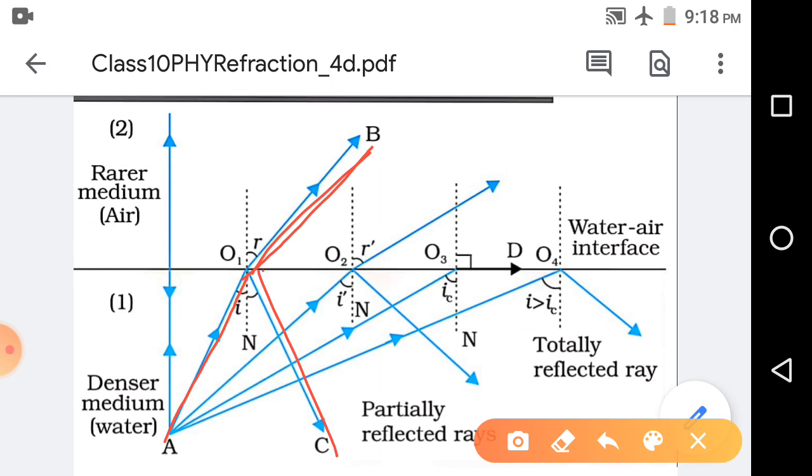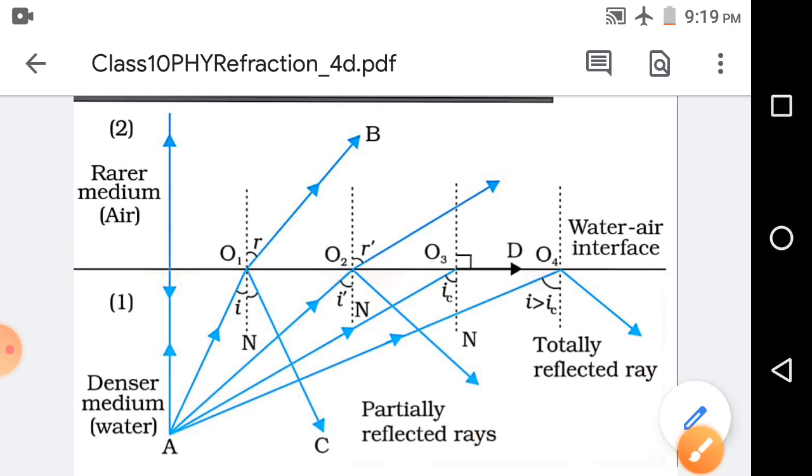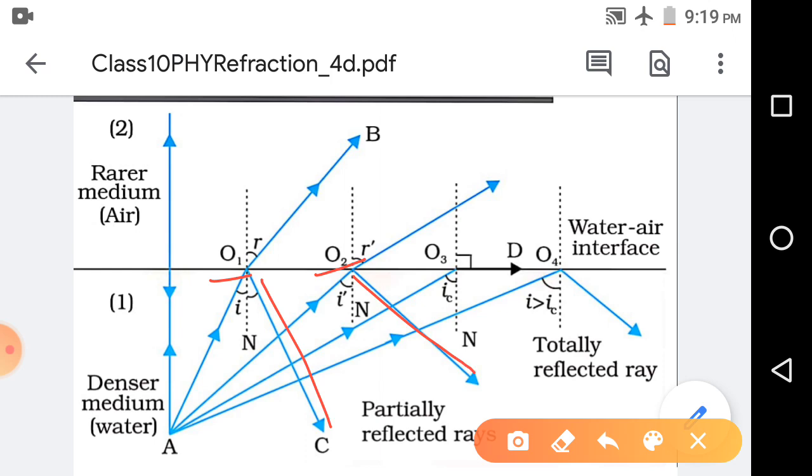Again here it is incident at the point O2. Some amount of light is refracted and some amount of light is reflected back. For the incidence at the points O1 and O2, there is partial reflection with certain refraction.